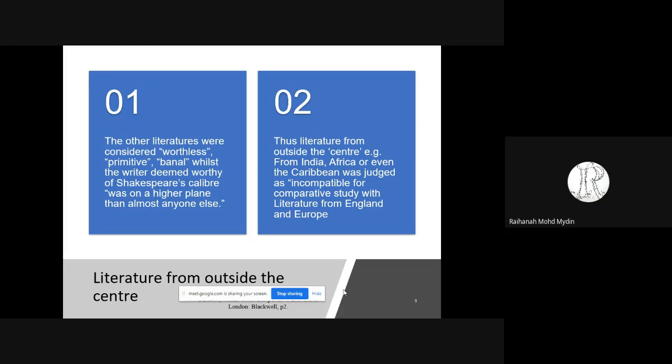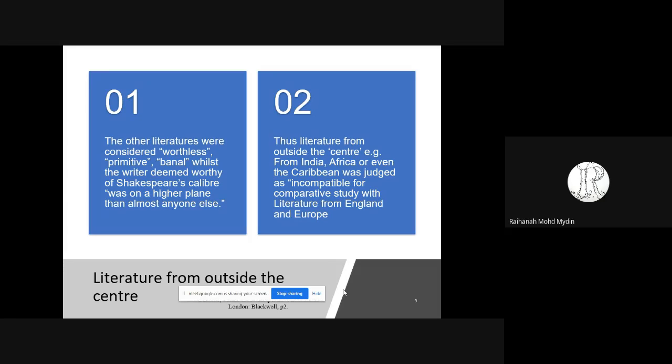So it's always how close to these writers are the writings from outside the center, from the continent of Africa, from India, from Southeast Asia, from Asia generally. How well do these writers write? Can they compete? Can they meet the expectations or standards set by writers from the center?